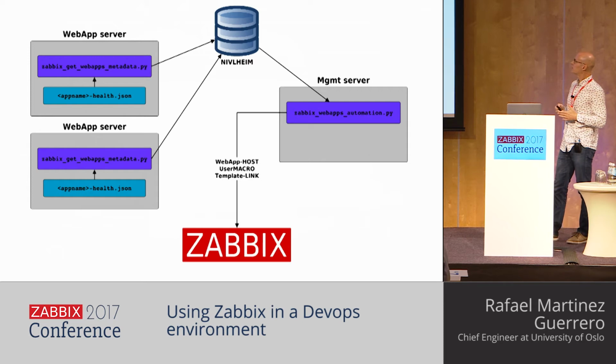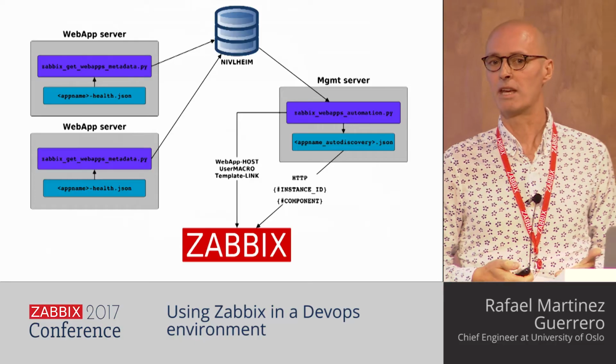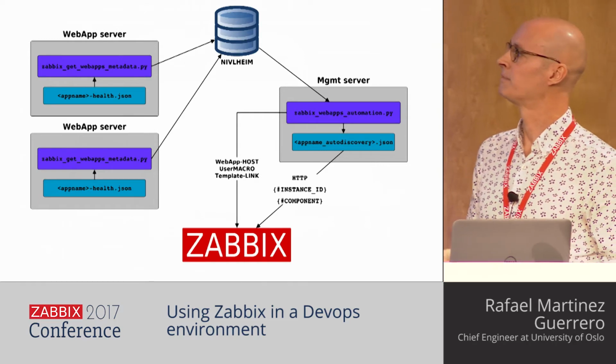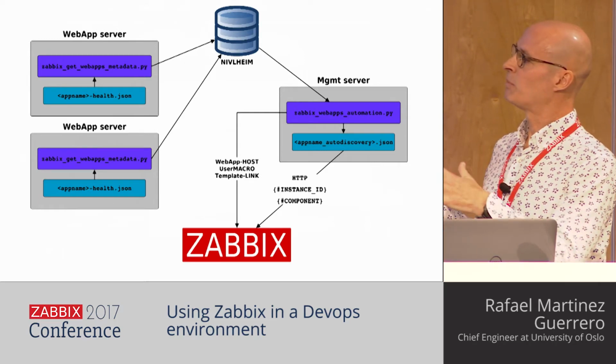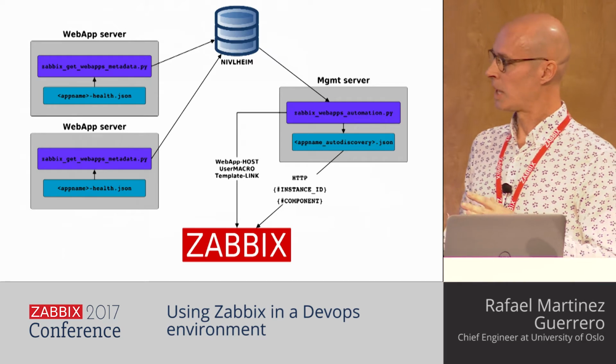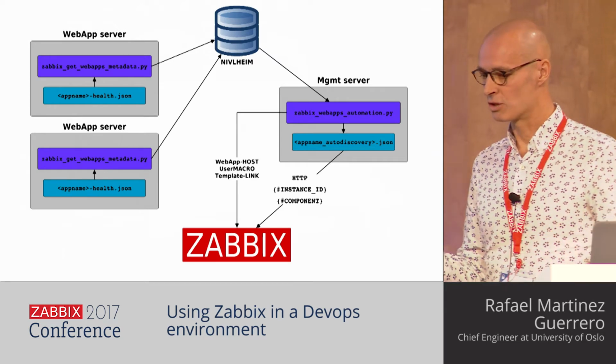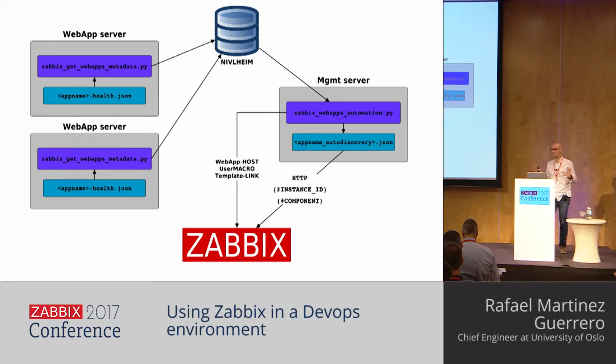The other thing that this automation script will do is to generate some JSON files with auto-discovery data that Zabbix will use to find out the instances and components an application has. And at this moment, we have Zabbix configured with all the applications we have in the system, and everything is ready to get monitoring data.